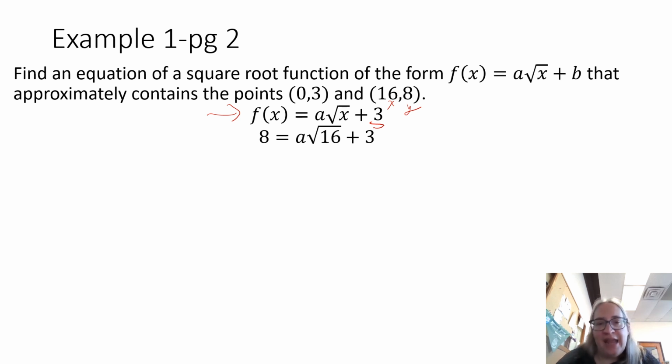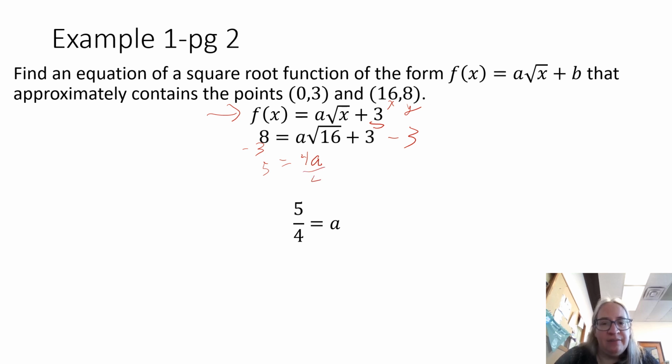All right, so I've got 8 equals a times square root 16 plus 3, and now I just have to solve this for a. Okay, what's square root of 16? That's 4. So I've got 4a in the front here. And then if I subtract 3 from both sides, I'll end up with 5 over here, and nothing besides the 4a on the right.